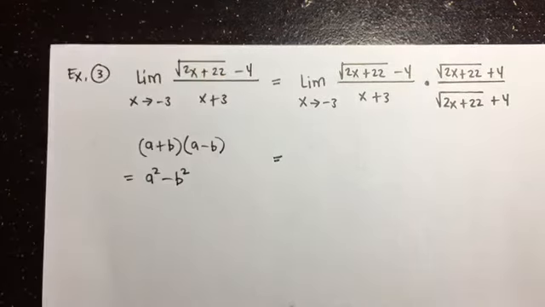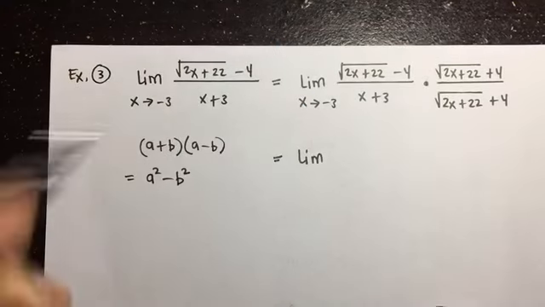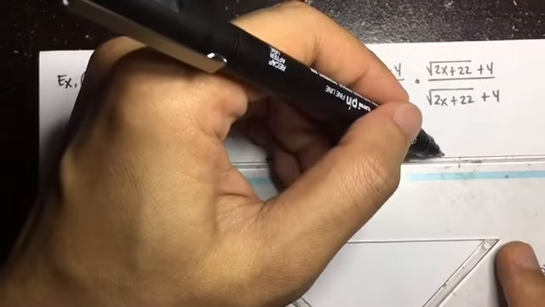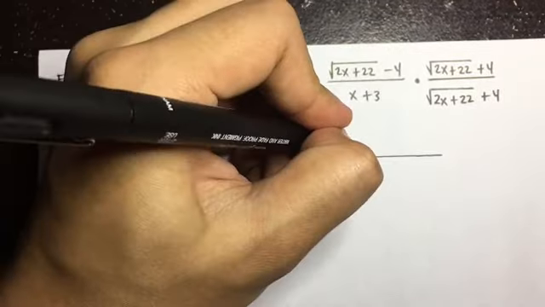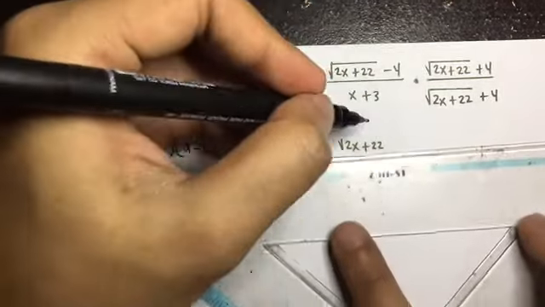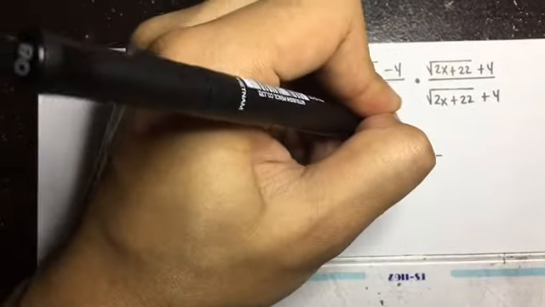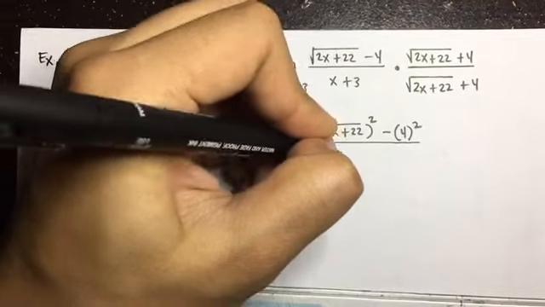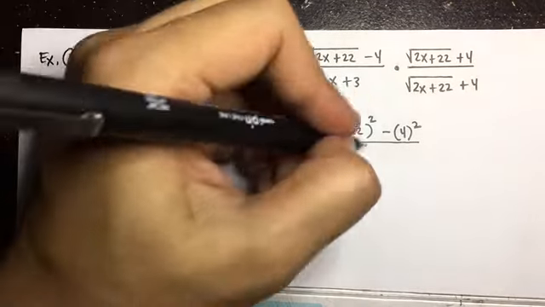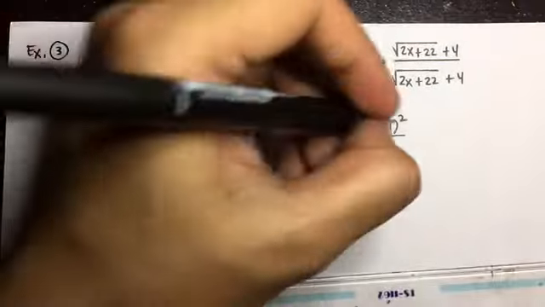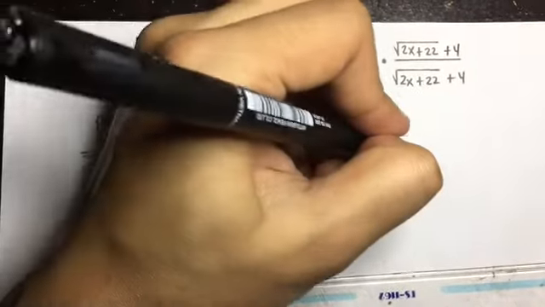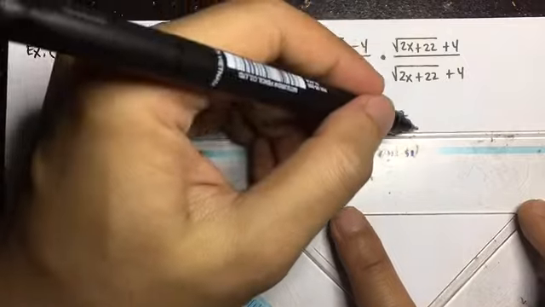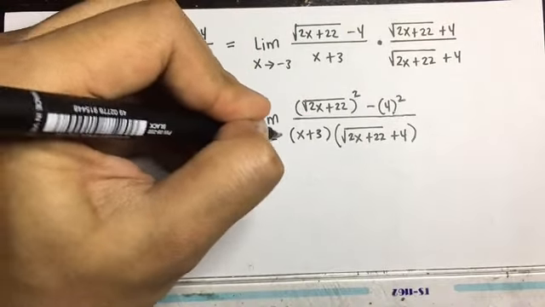Therefore, if we multiply the numerator, the numerator will now become square root of 2x plus 22 squared minus 4 squared, while the denominator will still be x plus 3 times square root of 2x plus 22 plus 4, as x approaches negative 3.